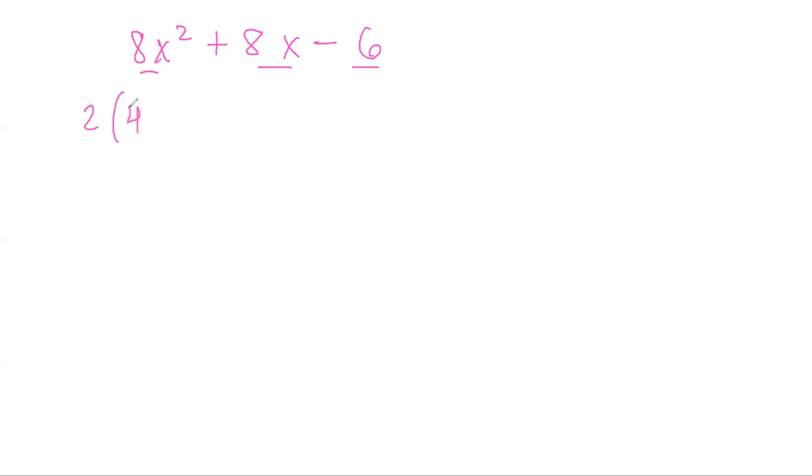And then here I have 4x squared plus 4x minus 3. Now, I guess you could have also gone straight into trying to do the AC method, but I find that when I take something out first, it just makes it a little bit easier for me to work with because I get smaller numbers, and it doesn't hurt to have smaller numbers. So I'm going to focus on this, factor that.